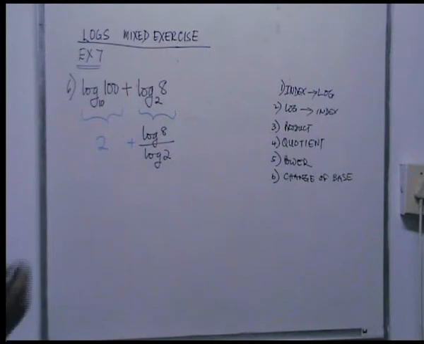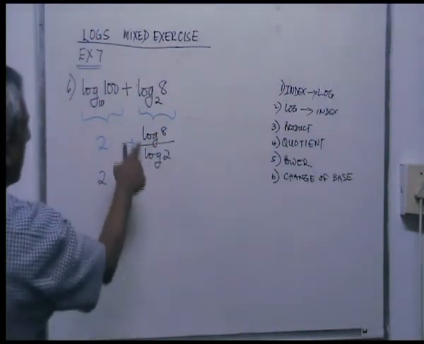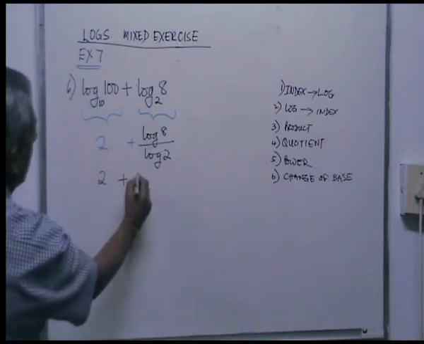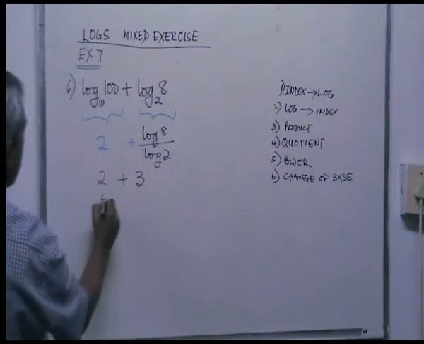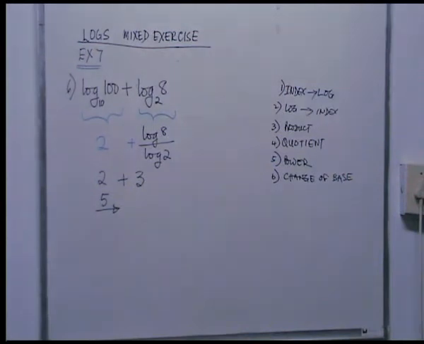Then I bring this 2 down, plus. I put that in the calculator. Log of 8 divided by log of 2, and I get the answer 3. And when I add 2 plus 3, the final answer is 5. So the answer for number 6 is really 5.